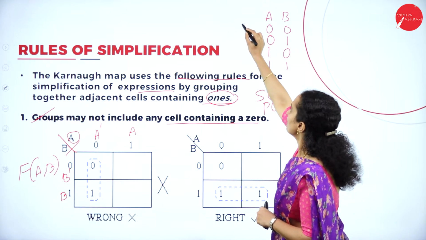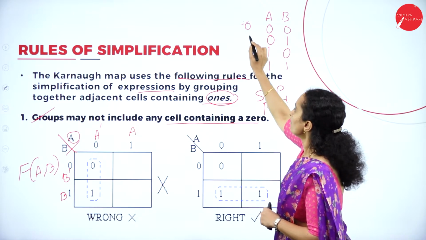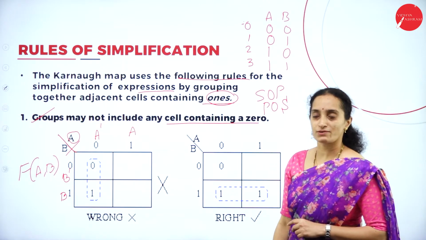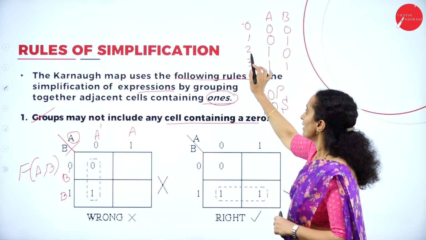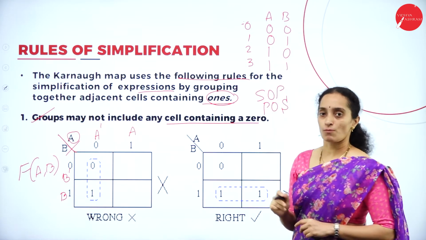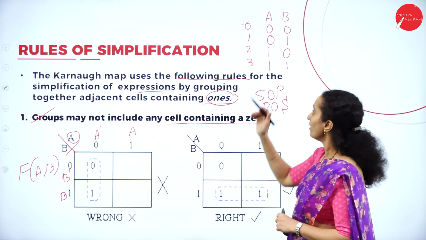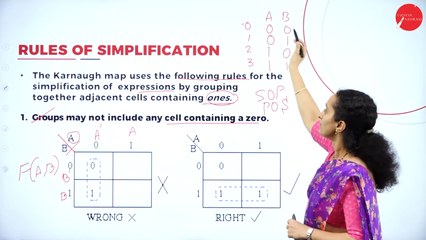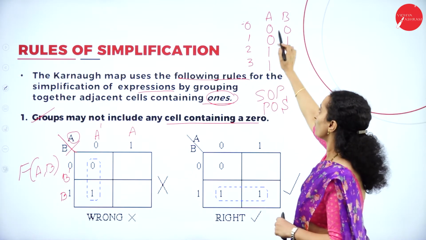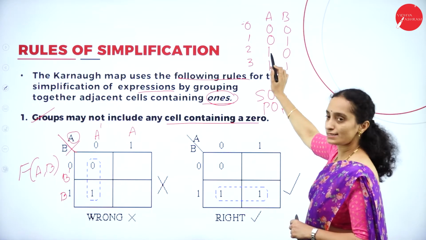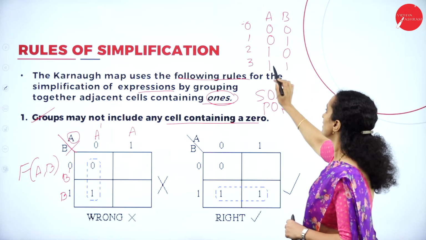Here we have 0, 1, 2, 3, the decimal equivalents. That is A comma B, 2 variables. 2 to the power of 2 is 4, so you have 4 combinations. Like we use Gray code, 0 0, then 1 digit is changed, again another digit is changed.